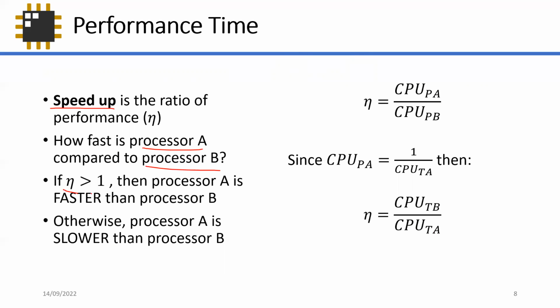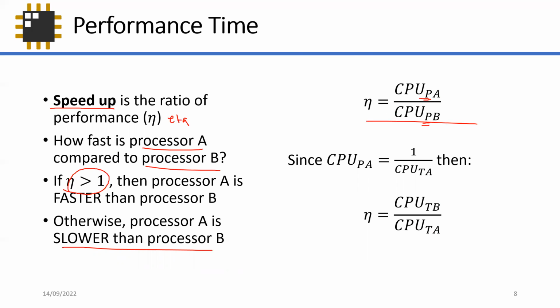If the speedup ratio, eta, this is eta, is greater than 1, then processor A would be faster than processor B. Otherwise, processor A is slower than processor B. Now, it is very common for students to mix this up, because sometimes you do it in terms of the CPU processing speed, the rate, rather than the execution time or the CPU time.